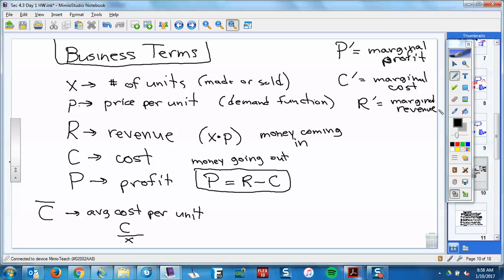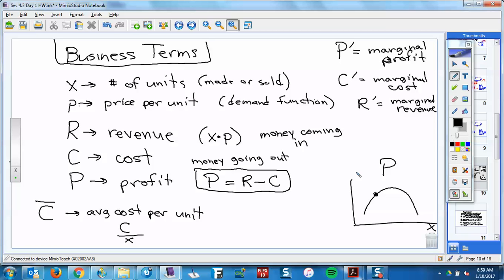So to a business person, if they're saying that their marginal profit is positive, what does that say? Their profit is increasing. But what does that tell a business person they should do? If their profit function looks like this, and they're right here, remember X is down here, this is P up here, X is the number of units you're producing.